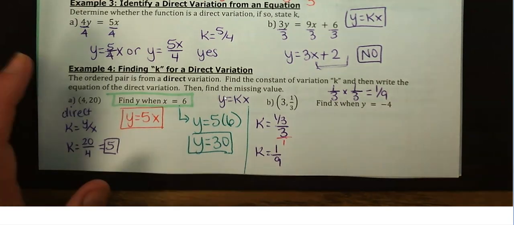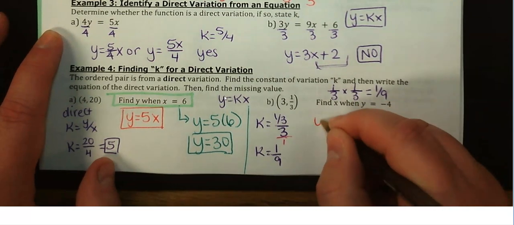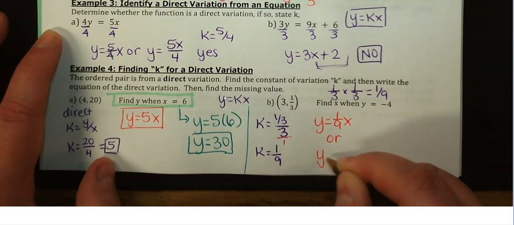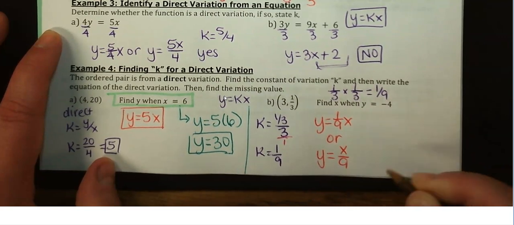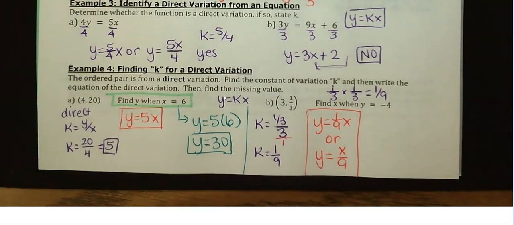Okay, so then there's two ways I could write this one. I can write y equals 1/9 x, or I could write y equals x over 9. Both of those are correct. So whichever way you like better. And then almost all these questions ask you a secondary question.